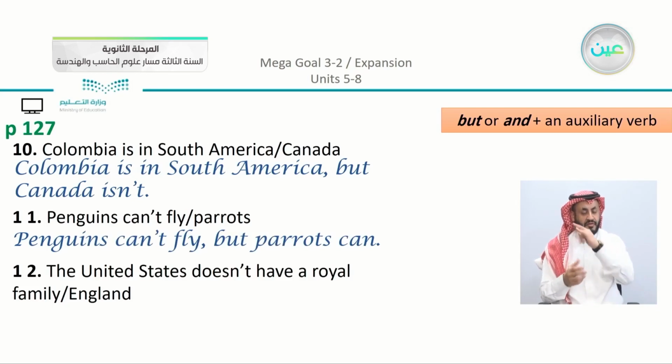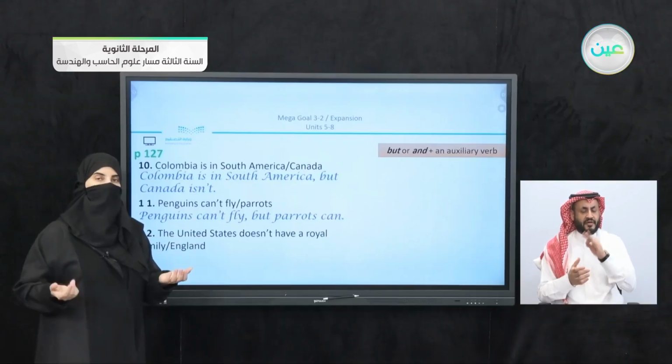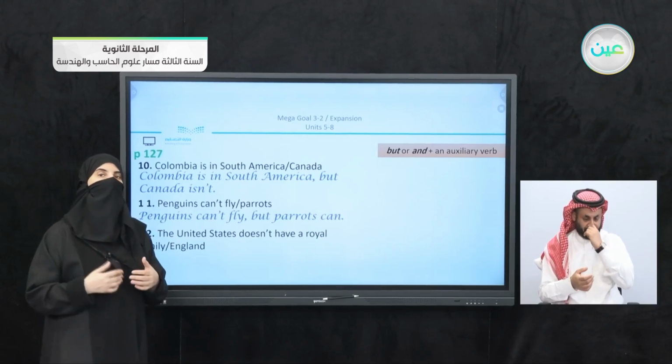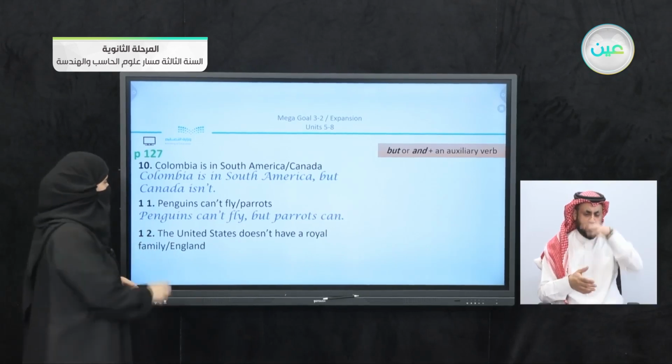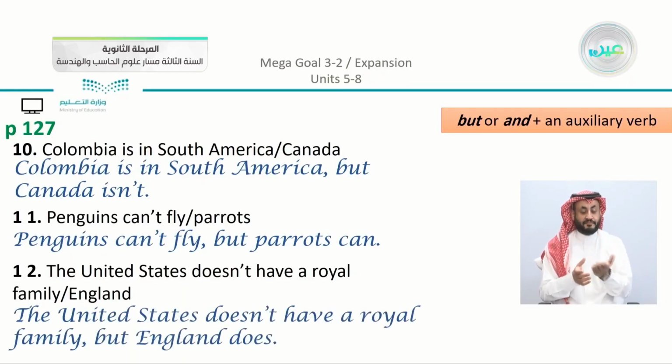So here there is something different between them. The last example, the United States doesn't have a royal family, England. So what is different between the United States and England? And here there is something mentioned about the royal family. So we have here the United States doesn't have a royal family, but England does.